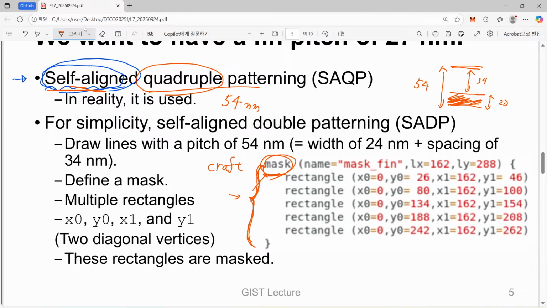And as usual, we can specify its name, and Lx and Ly should be equal to those of our Craft system. So here we have 162 and 288. This is corresponding to our original specification, 162, 288.